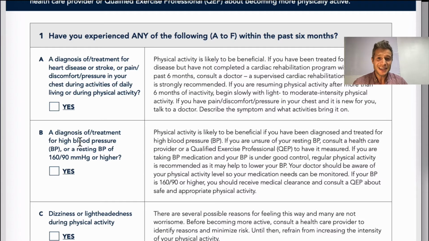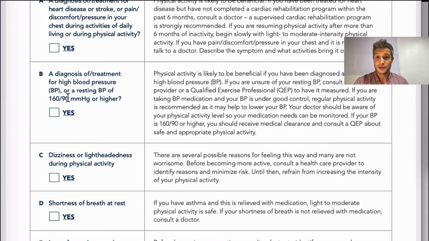But these forms are similar in the sense that there's an if-then. So you follow along, and sure enough, if you had said yes to something, it leads you to here. For example, this is pertinent to us in our class because we'll be taking blood pressure. So if you find out that you have a resting blood pressure of 160/90, again, you'll understand better what that is towards the end of this lab section.